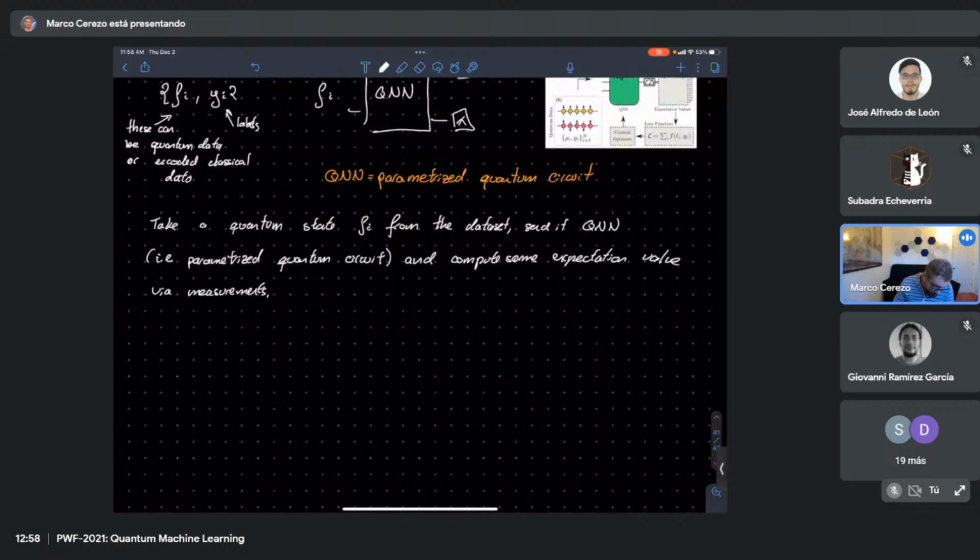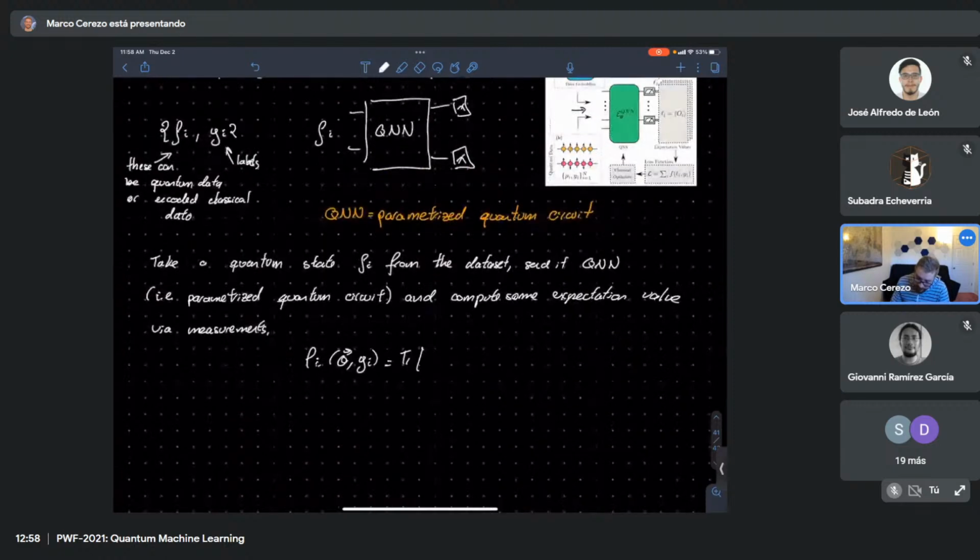So usually what we do is we're going to define, via measurement, some quantity L_i of theta. Now I have a label that is just going to be: send my quantum state through the quantum neural network. From here onwards, I'm going to start using U of theta for the parameterized quantum circuit of the quantum neural network.